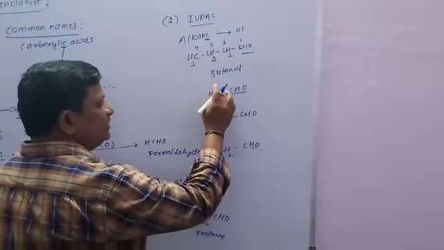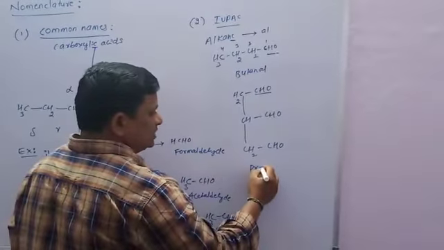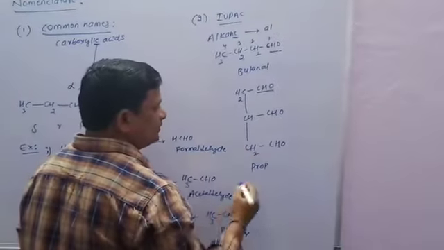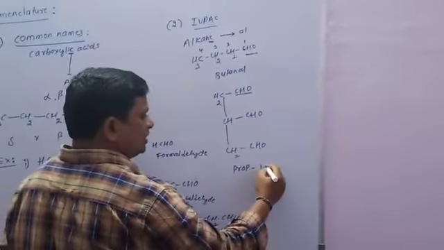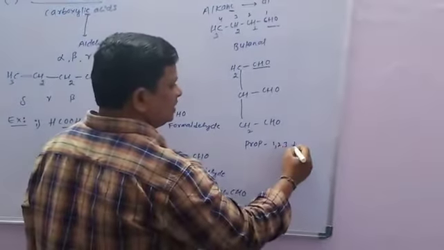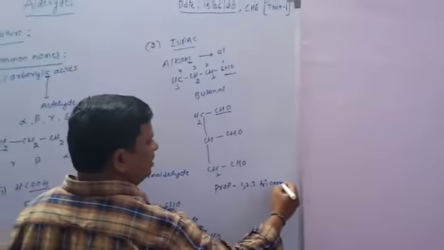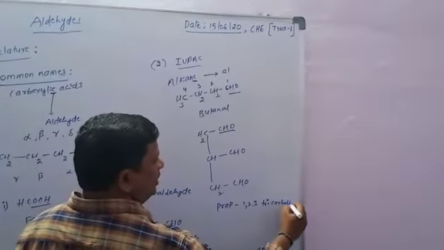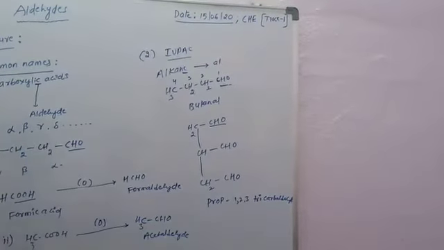So it is meth, eth, prop, carbons 1, 2, 3. The name is propane tricarbaldehyde. Simply, CHO is also considered as carbaldehyde.